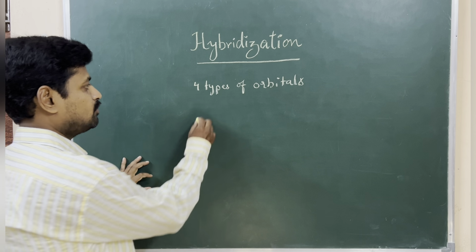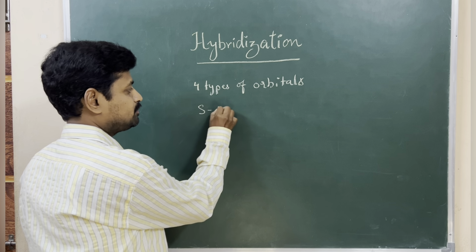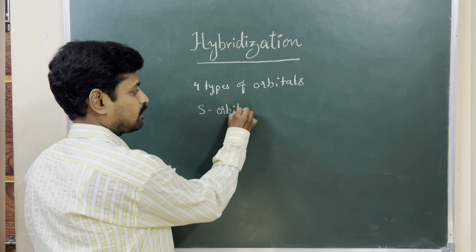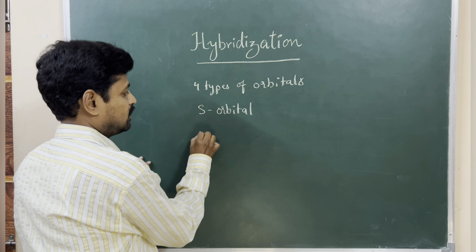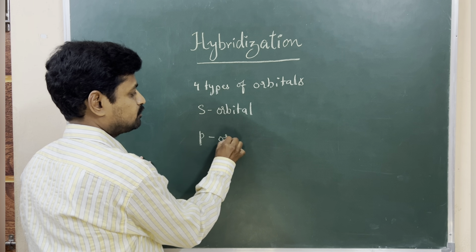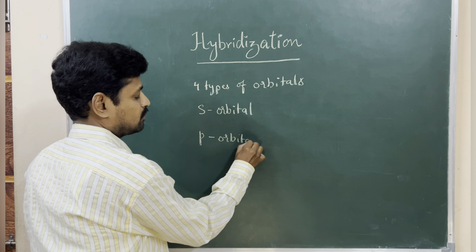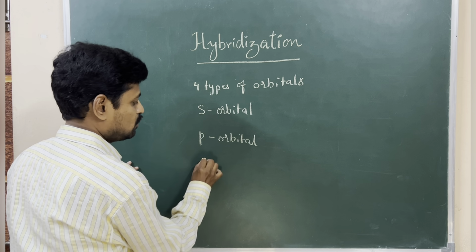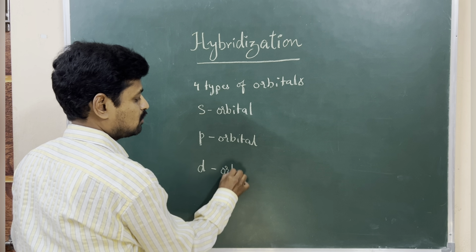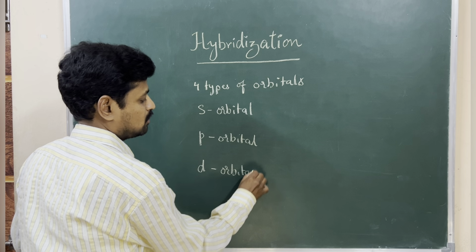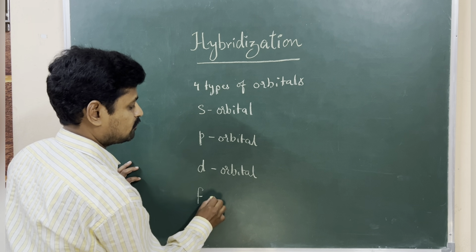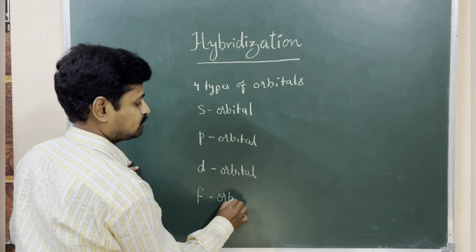The first type of orbital is the s orbital. Second is the p orbital. Third is the d orbital. The fourth one is the f orbital.